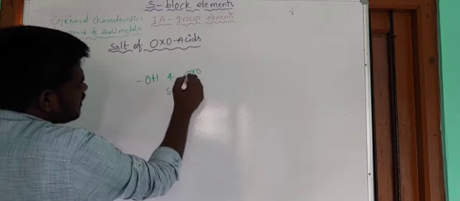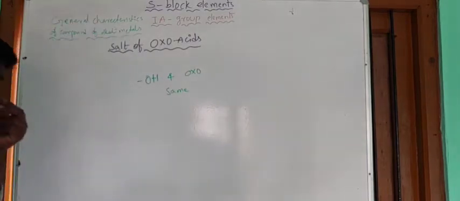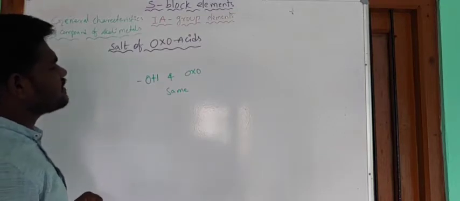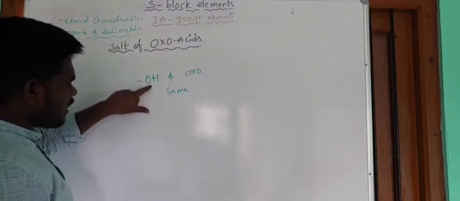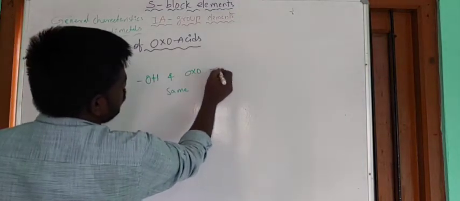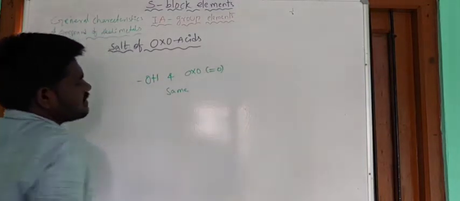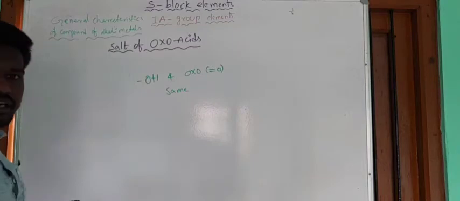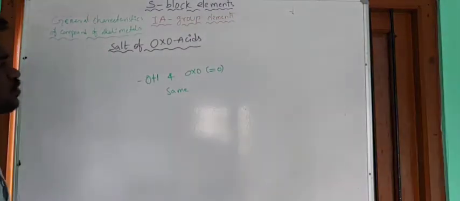If both are connected with the same atom, then that acid is known as an oxo acid. The OH group is a hydroxyl group, and the oxo group means double bond O.